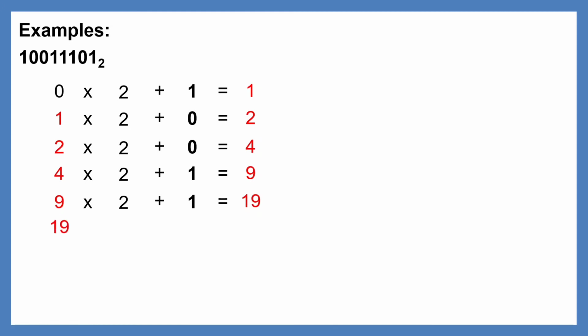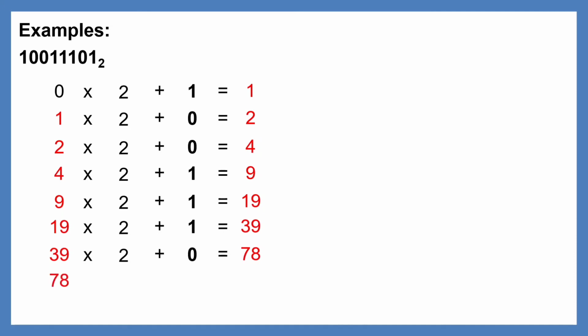And then we have 19 times 2, we have 38, plus 1, we have 39. And then again, we double 39 times 2 plus 0. 39 times 2 is equal to 78 plus 0 is 78.